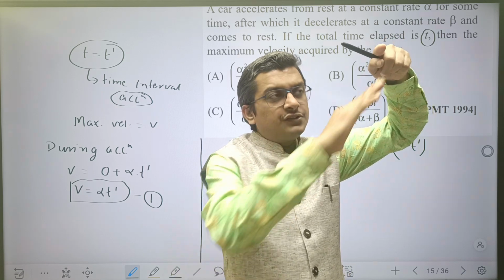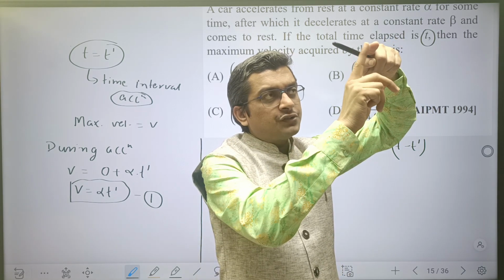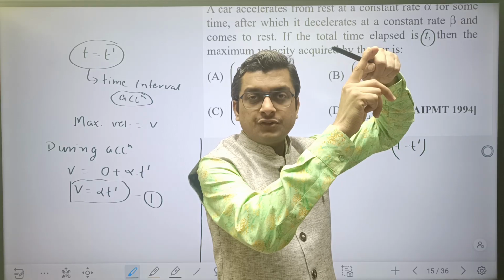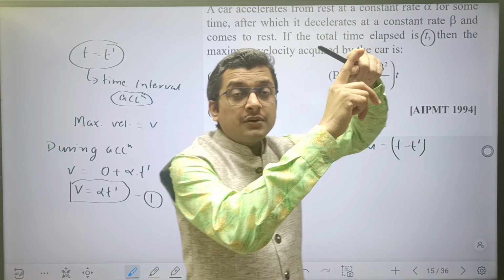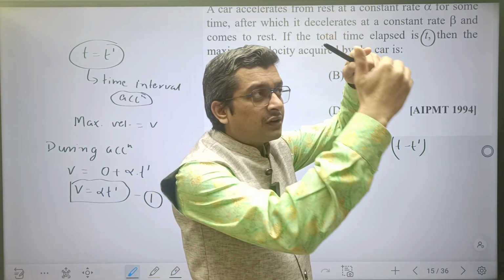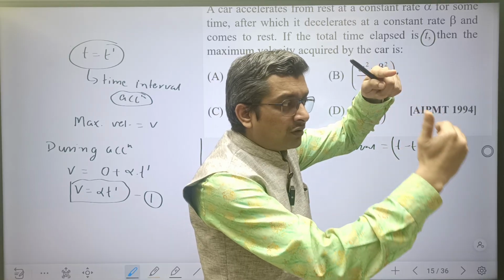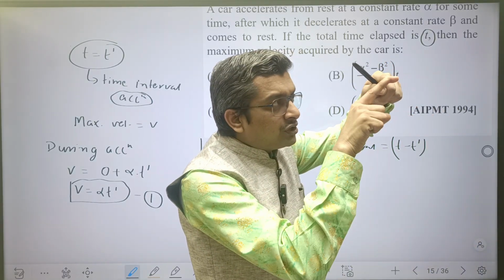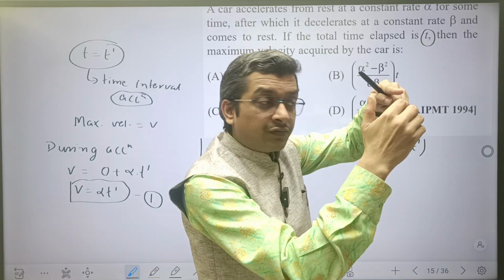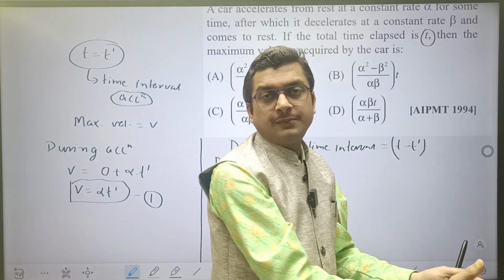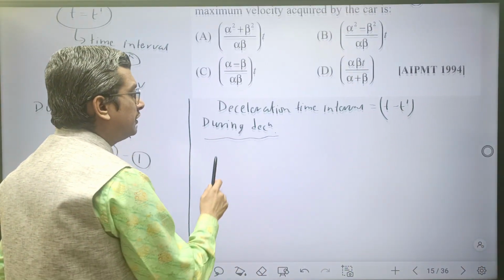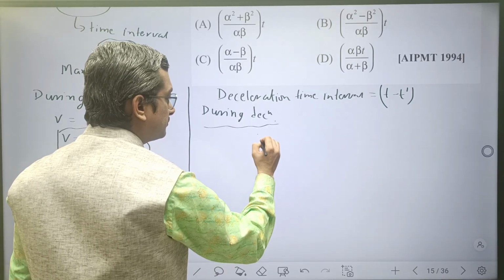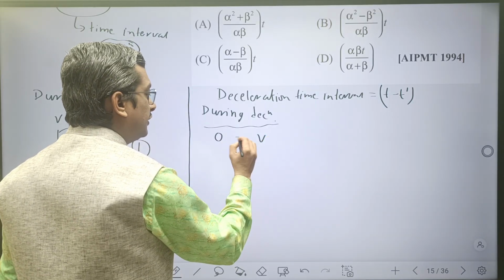So during the journey of acceleration, the velocity at this point is the final velocity of the car. But what happens after this point? Deceleration starts, and the velocity keeps on decreasing. So during deceleration, this velocity is the initial velocity and finally the car comes to rest. So during deceleration, the initial velocity is v and the final velocity is 0.